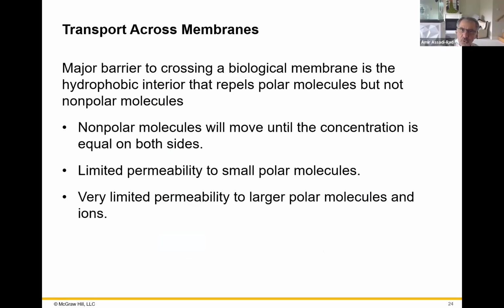The major barrier to crossing a biological membrane is the hydrophobic interior that repels polar molecules, but not nonpolar molecules. Nonpolar molecules will move until the concentration is equal on both sides. There is limited permeability to small polar molecules, and very limited permeability to larger molecules. Large molecules cannot move through the phospholipid bilayer.